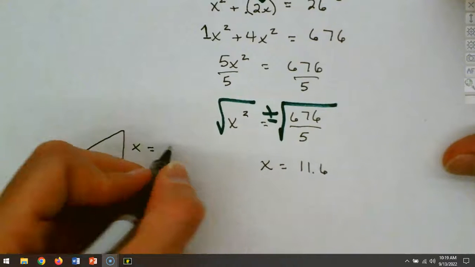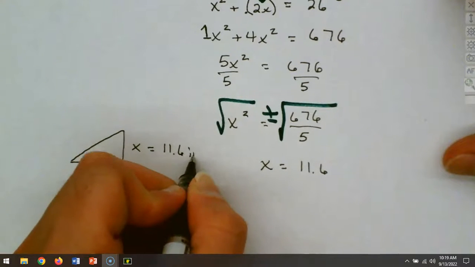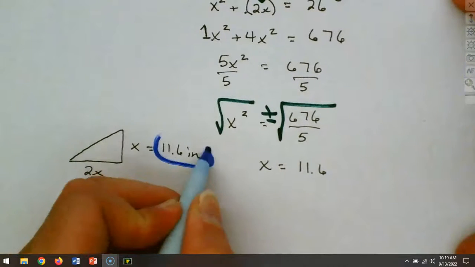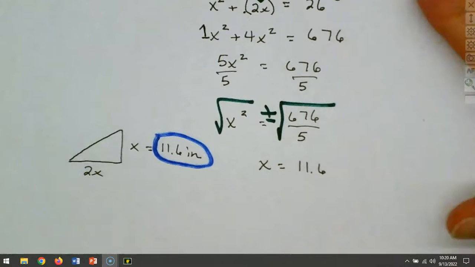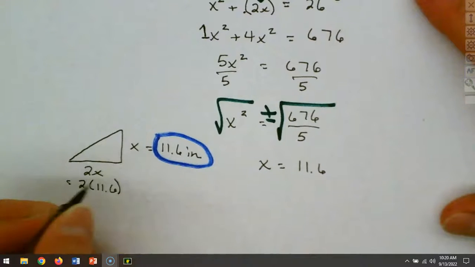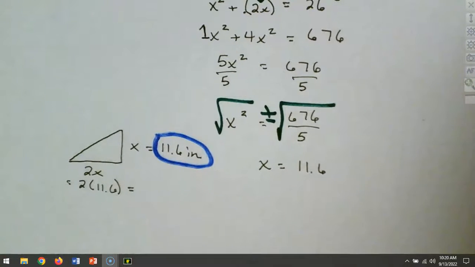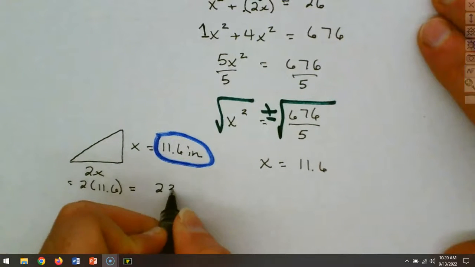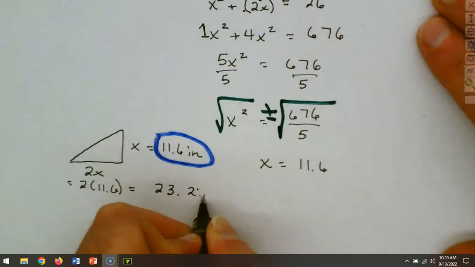So this one is going to be 11.6 inches here. And what about the other one? 2 times your 11.6, that comes out to be 23.2 inches there.